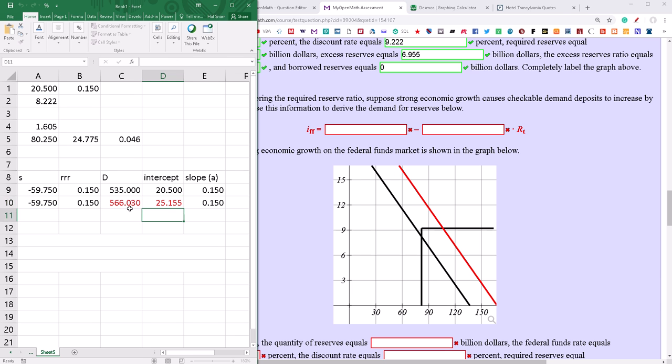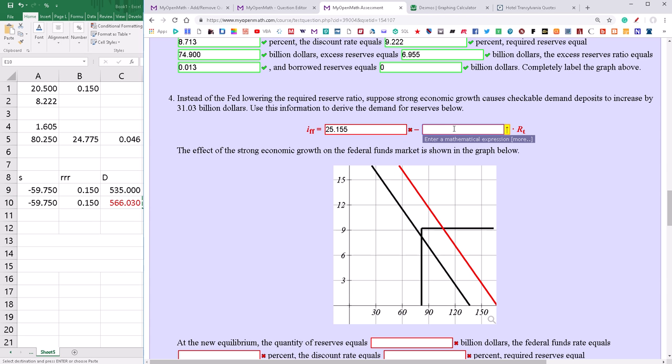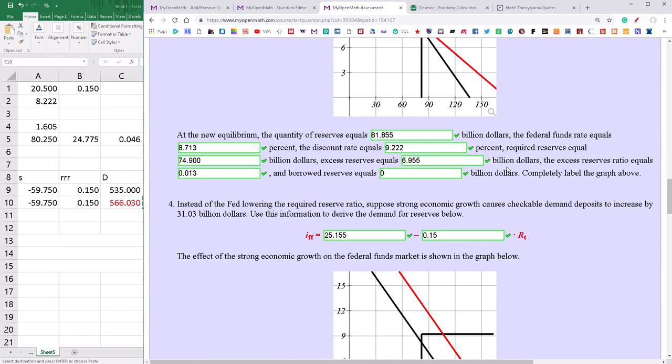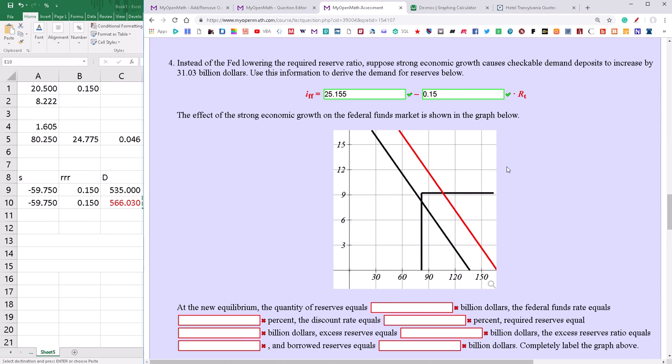That gives us the intercept. The slope was reset to the original value of 0.15. We hit enter and we should get the correct answers here. And we do.